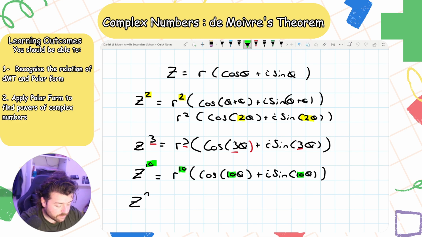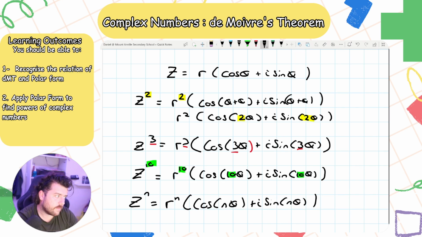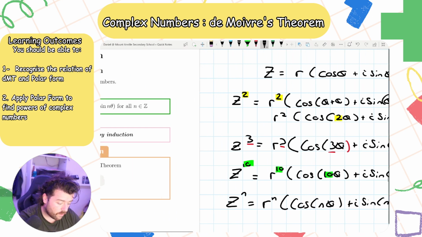So this is what de Moivre's theorem is. For a power of a complex number z to the power of n, we just raise the modulus to that power, and then we multiply the argument by that power. And that's it.